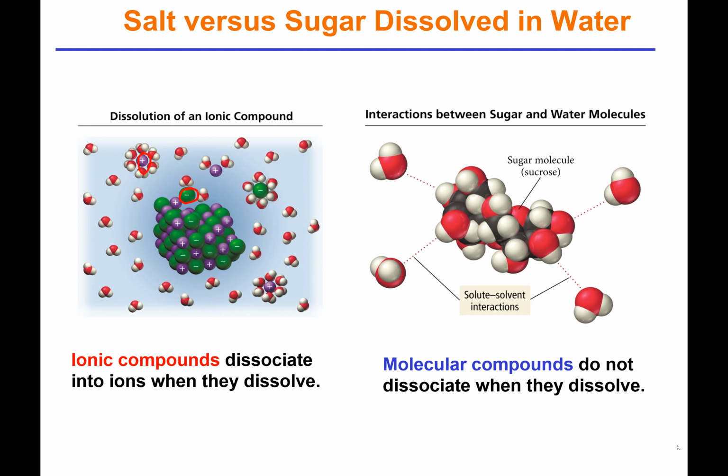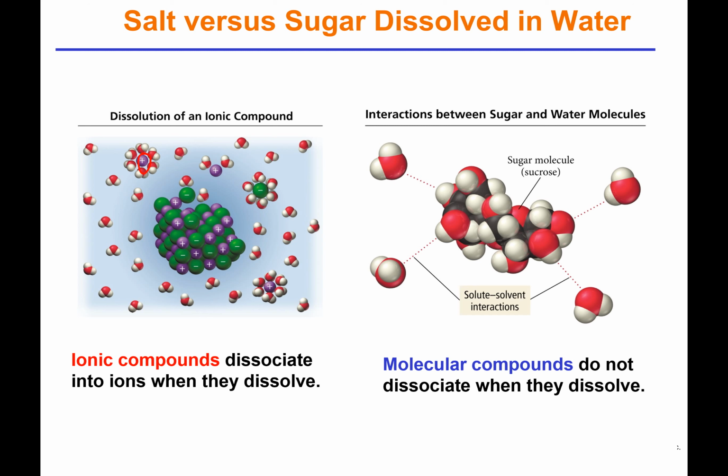You can see they're getting surrounded by the water molecules, where the negative part of the water molecule points toward the positive ion, and the positive part of the water molecule points toward the negative ion. That's not so important right now. What is important to see is that this would be an example of sodium chloride, where we have Na plus and Cl minus, and it's breaking into ions. That's the important thing to understand here.